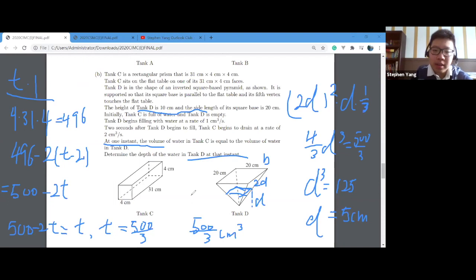So the depth would be 5 centimeters in tank D.